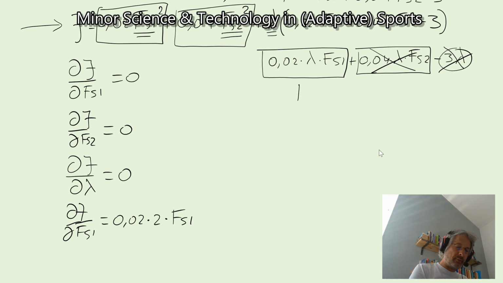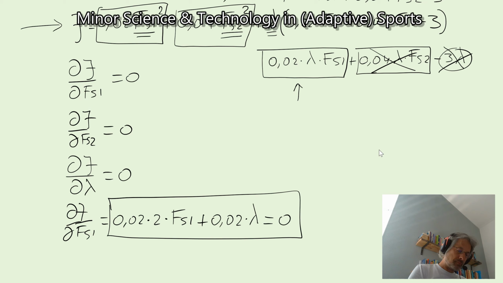Okay, so we are left with this term differentiated with respect to Fs1, and that gives 0.02 times lambda. And this has to be 0. So here is our first equation that will tell us where the optimum is.